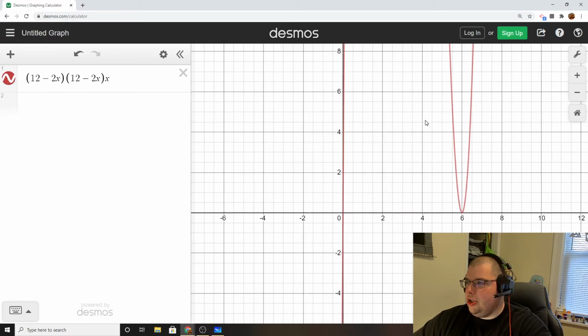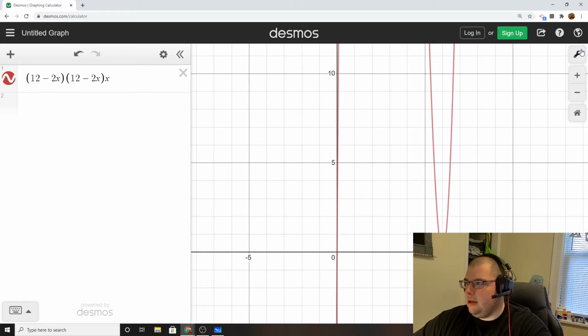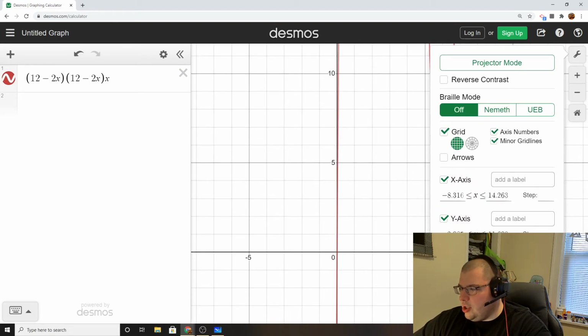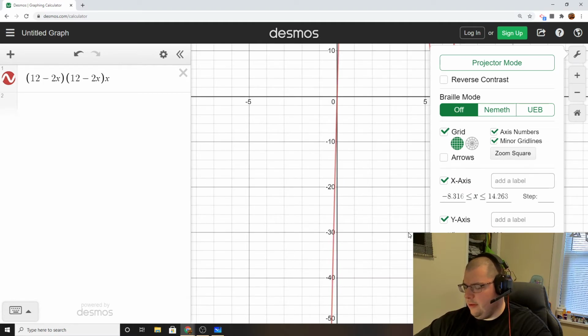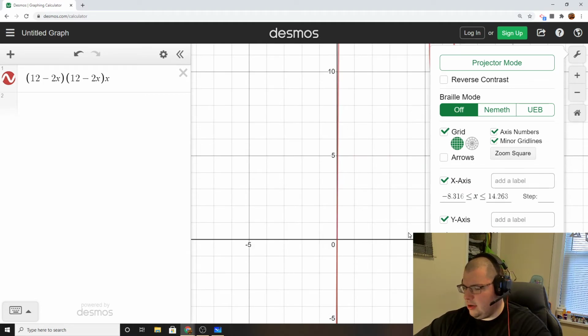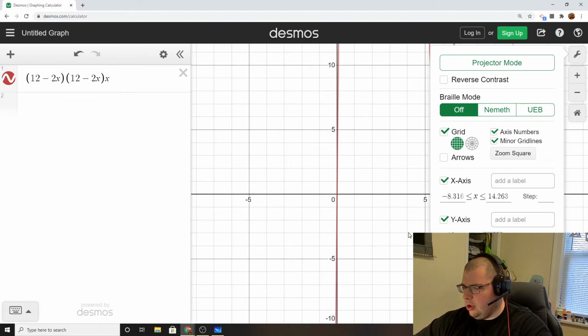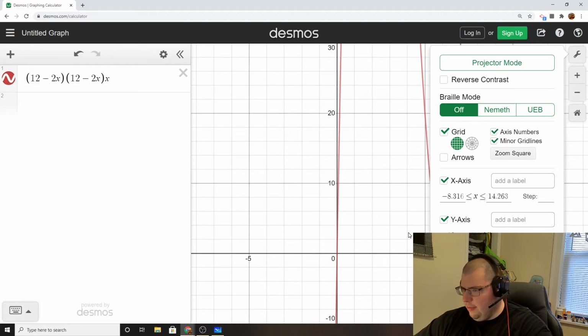I am going to adjust it slightly. I'm going to adjust the y-axis so that it shows us better values. So I'm going to go from negative 10, try 300.